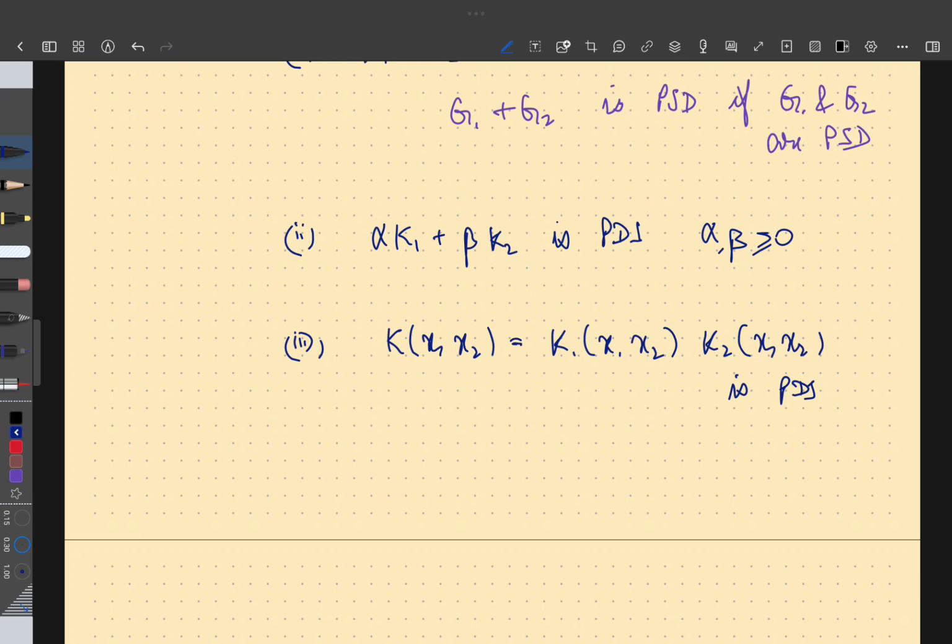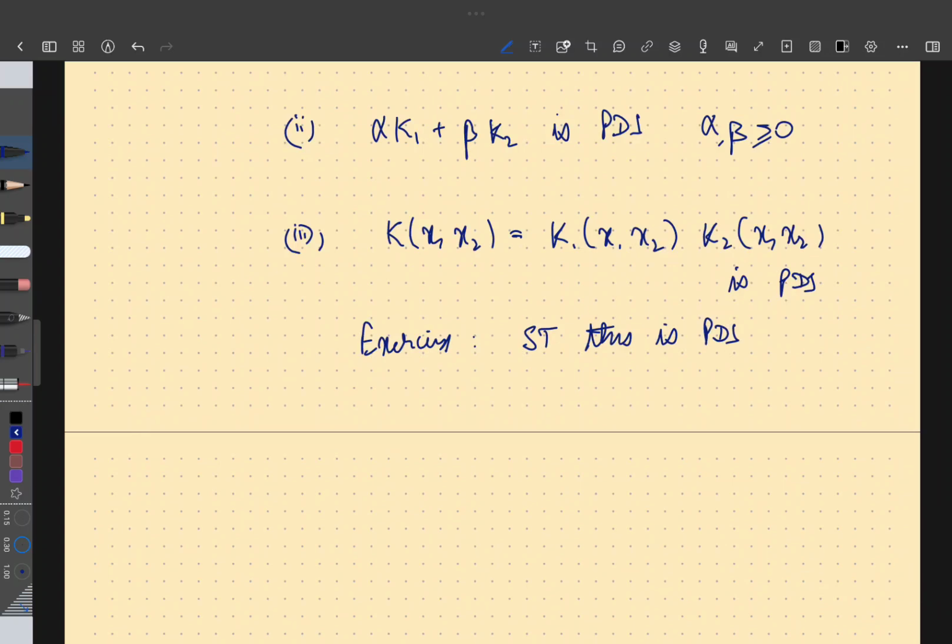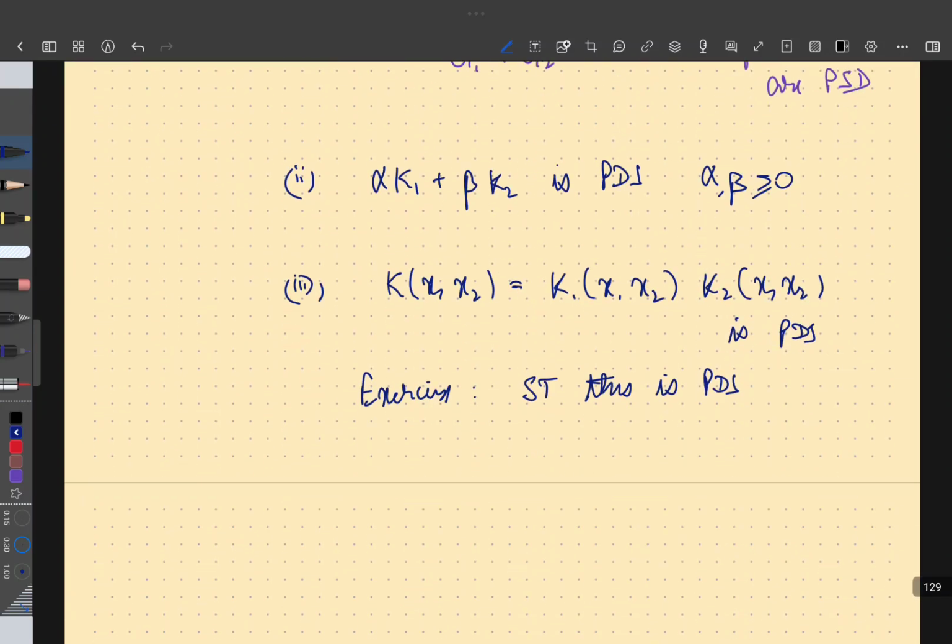Show that this is the case. The hint is that the gram matrix corresponding to K is the element-wise product of the gram matrices corresponding to K1 and K2.